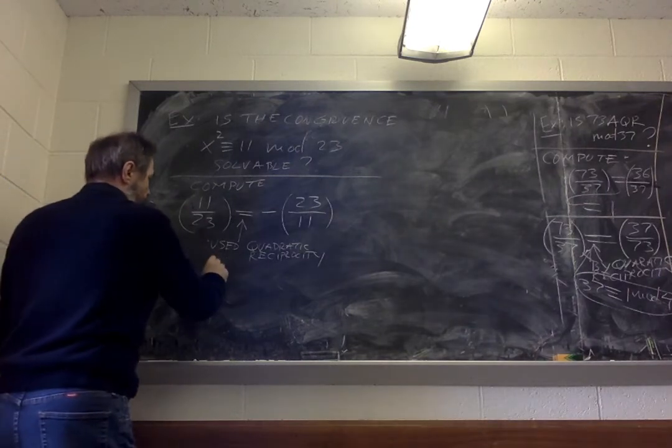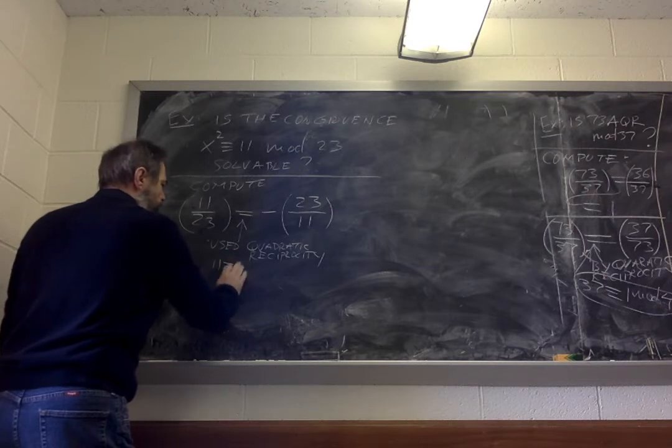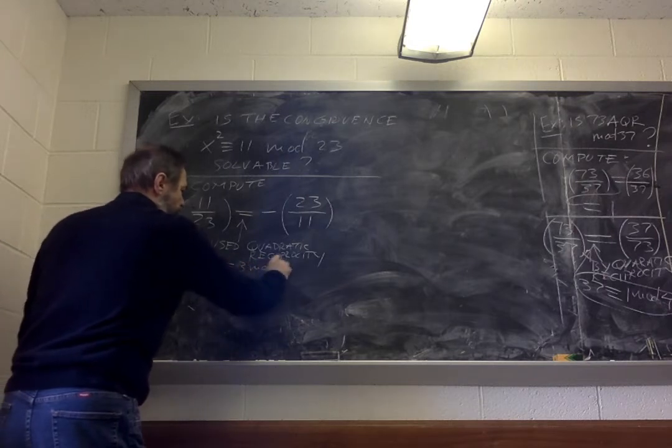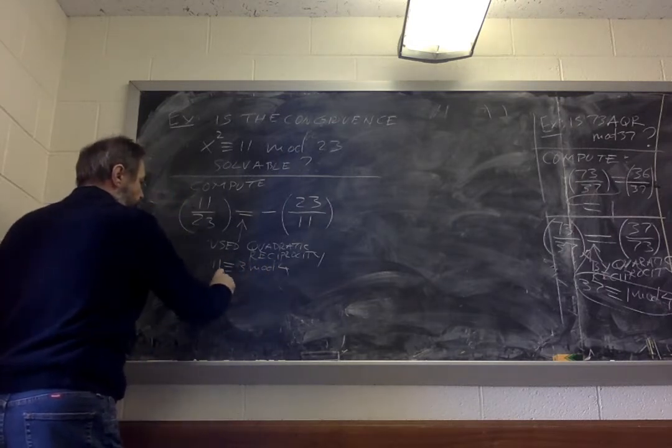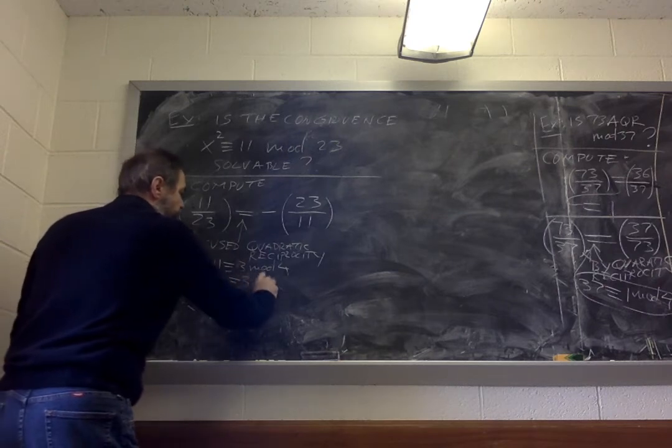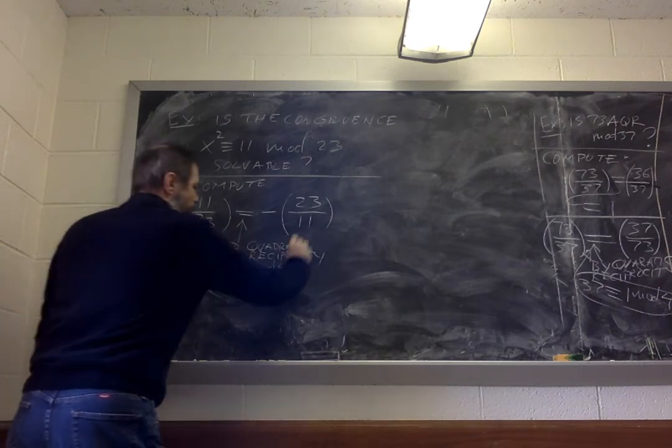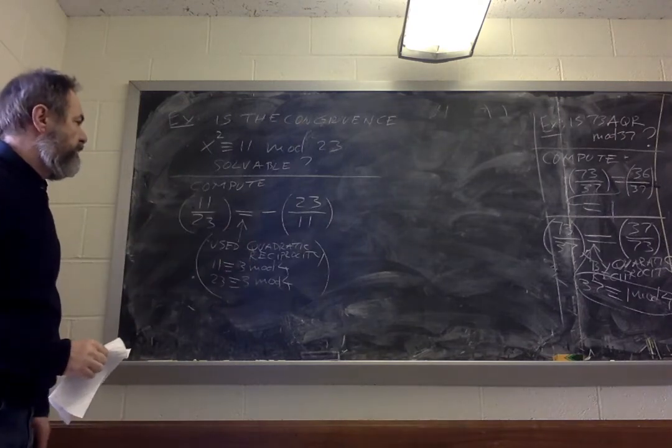So I write under this 11 congruent to 3 mod 4 and 23 is congruent to 3 mod 4. Good. So I add this explanation right here.